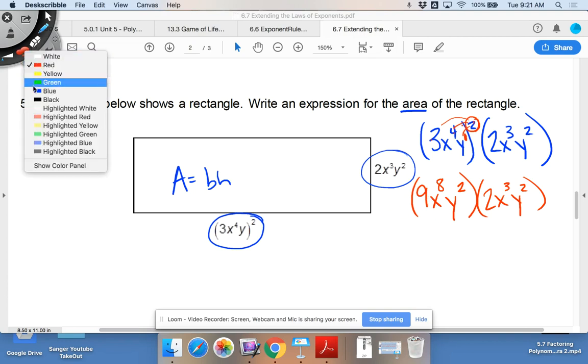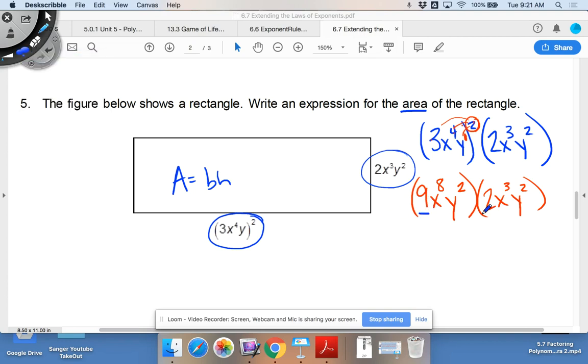So I'm going to start with 9 times 2 is 18. Then I'm going to look at same bases. So I have x to the 8th times x to the 3rd. So I know it's going to have x. What do I do to my exponents when I'm just multiplying? Add them. So 8 plus 3 is 11.